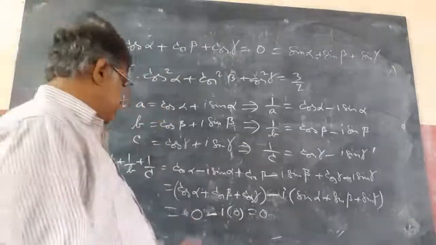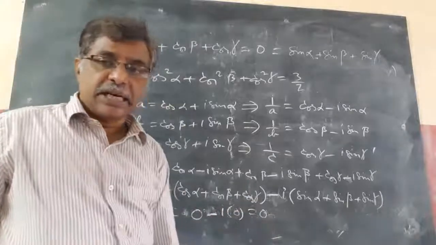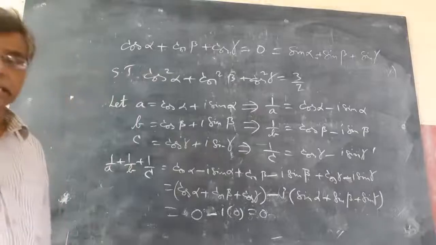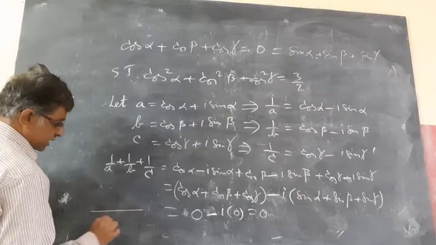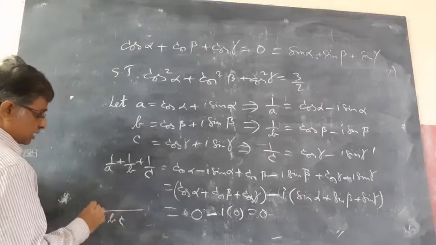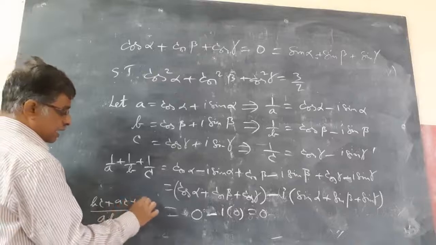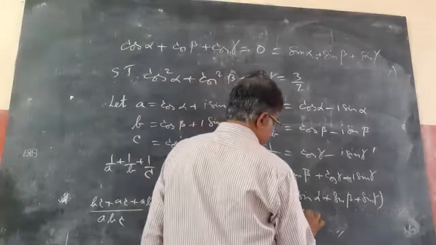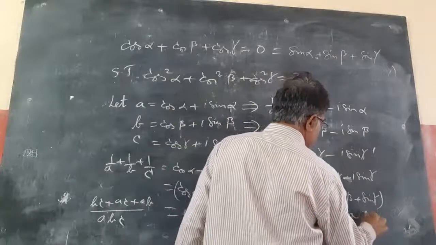So I got a plus b plus c is 0, which implies 1 by a plus 1 by b plus 1 by c is also 0. Now if I take the LCM on this side, abc is the LCM, so this side bc plus ac plus ab, that is ab plus bc plus ca equals 0.